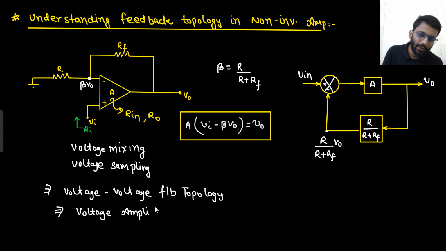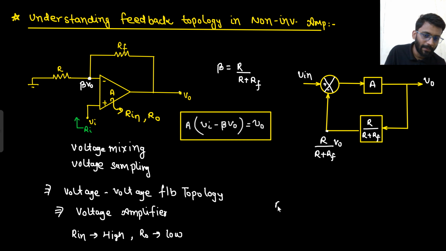Input resistance is higher or lower? For a voltage amplifier, you need input resistance to be high so that more and more voltage comes across the input resistance. So you need Rin to be high and R0 to be low so that more and more voltage goes towards the load, not across the R0. What will be your Rin?